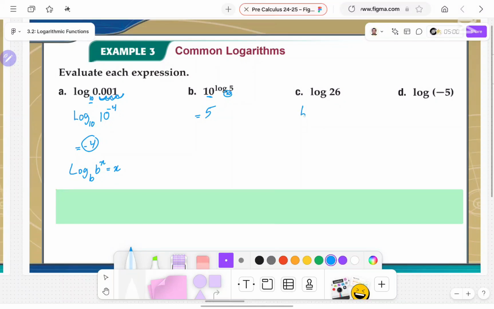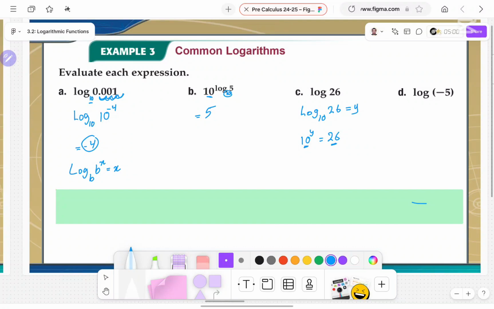Now how about this one? Log 26. So I have here log, the base is 10, of 26. Can I simplify this one? 26 cannot be simplified to this one. No, I can't. Even if you use y, so let's set it equal to y and convert it to exponential: 10 to the power of y equals 26. So how can I convert 26 to be similar to the base of 10, or 10 to be similar to 26?